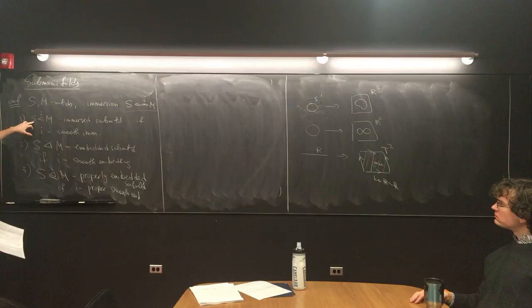It says the following: if I have a smooth map between two manifolds, and if it has constant rank R, then the level set F inverse of any point Q in N is a properly embedded submanifold of codimension R in M.